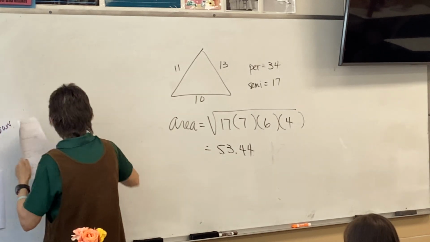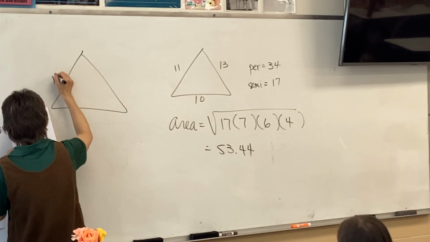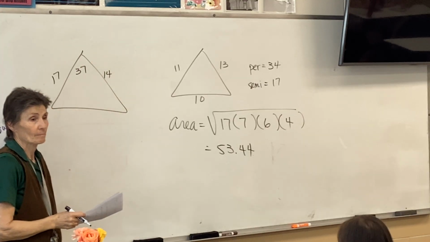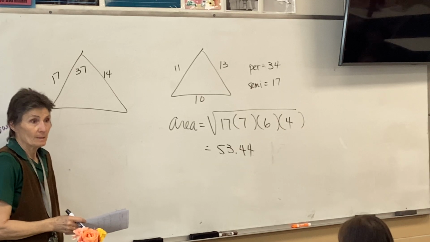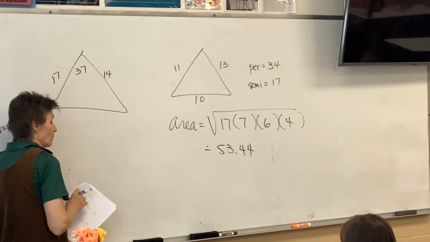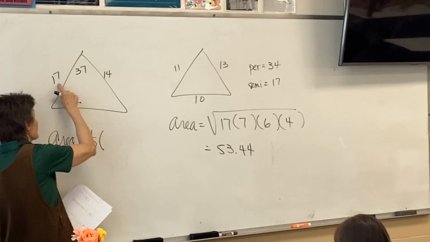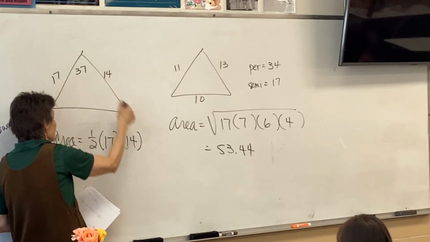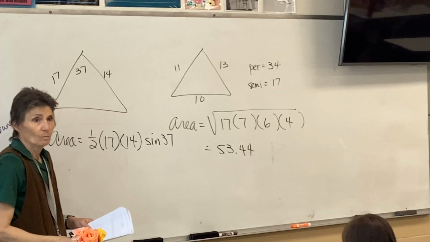Another version of the exam is going to have 9B on it. It's another area problem, but we're going to do it differently. Right? What's our formula or strategy? Not that you have to remember the formula, but what's your strategy? Area is 1/2 side times sine of included angle. 1/2 side sine.